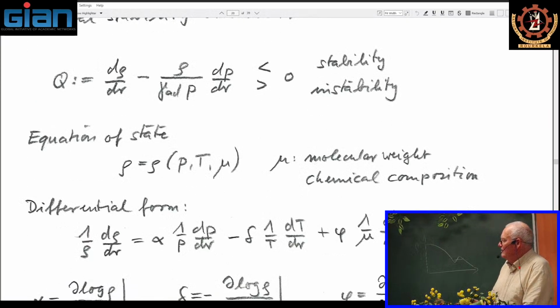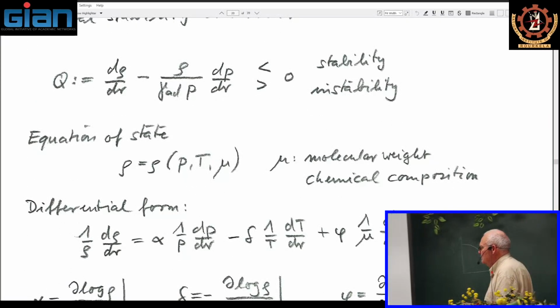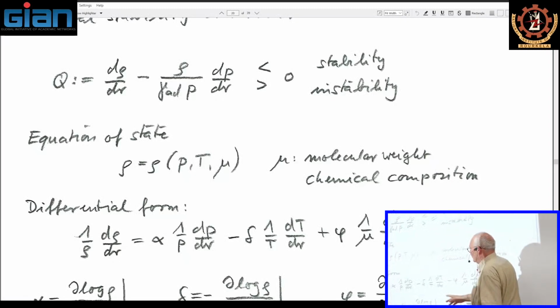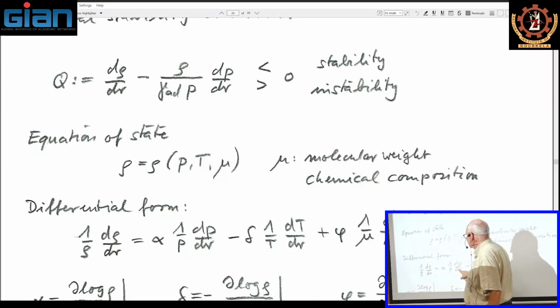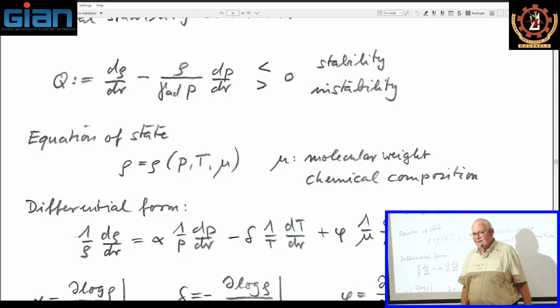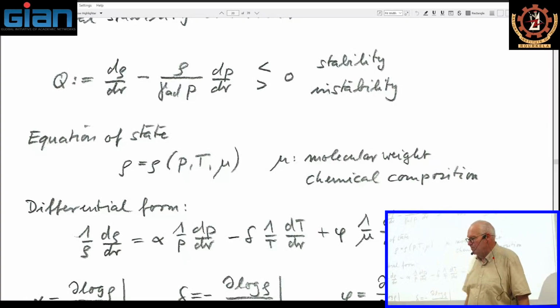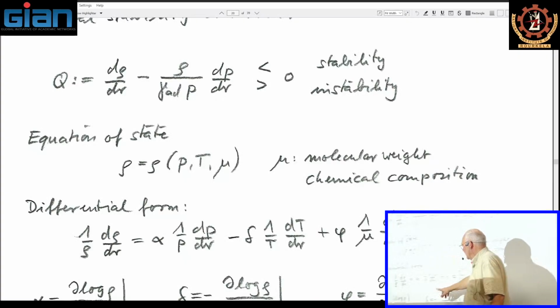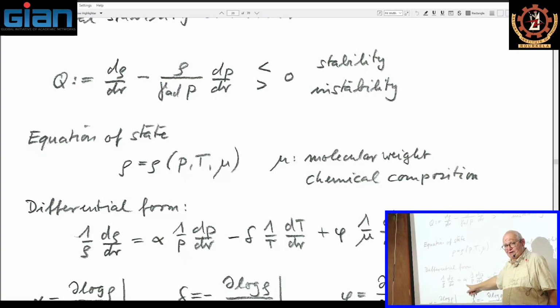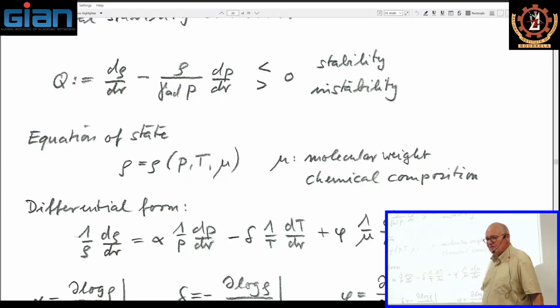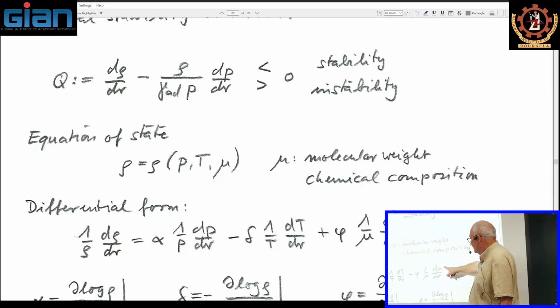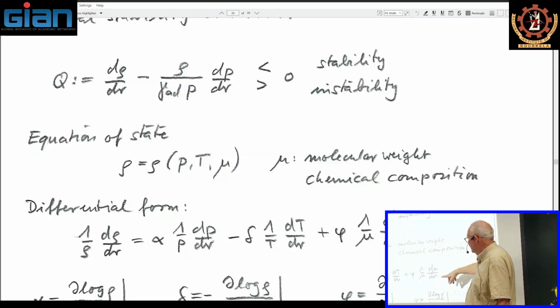Now, if we take the differential form of this equation, the logarithmic derivative of the density will be expressed in terms of the logarithmic derivatives of the pressure and the temperature, with the well-known coefficients alpha and minus delta, plus a logarithmic derivative with respect to the chemical composition or the mean molecular weight.